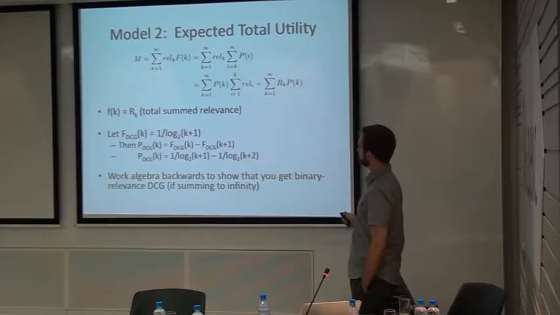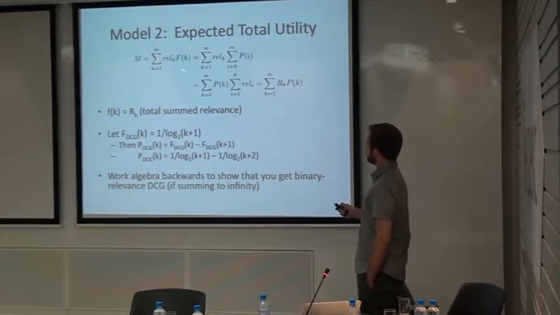So rank biased precision, if you look at it as an expectation, you have a probability distribution here, theta to the k minus 1 times 1 minus theta. This is the geometric probability density function. And you have your f of k, your utility, rel sub k, and you have your sum.